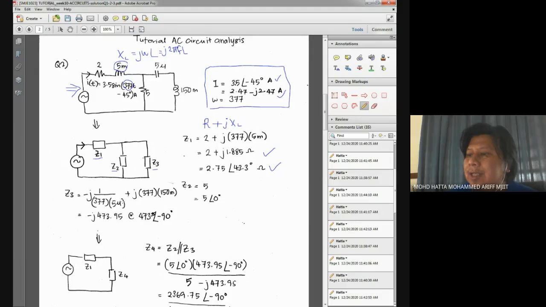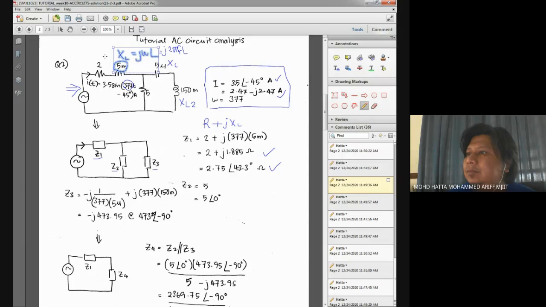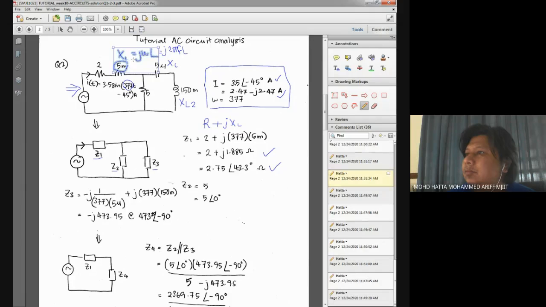And also for Z3, Z3 is the combination of XC and also XL. Maybe I will label this as XL number 2, this XL1, and this is X2.